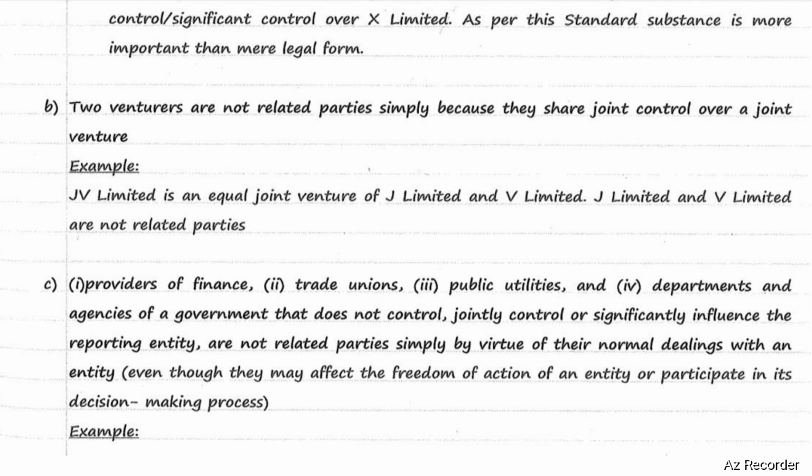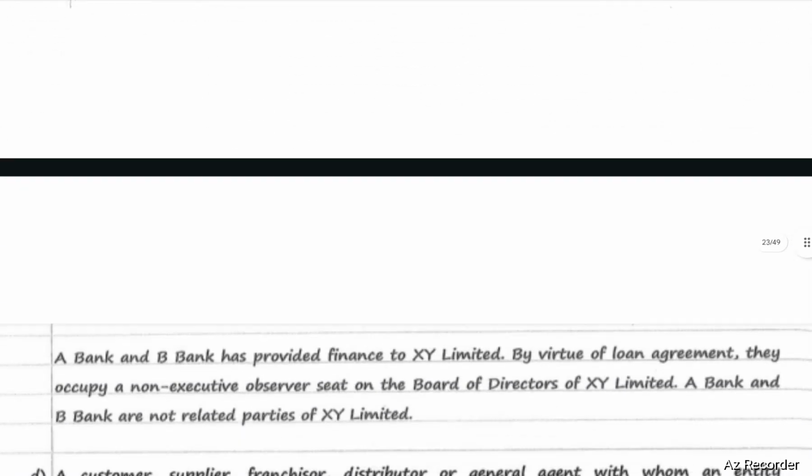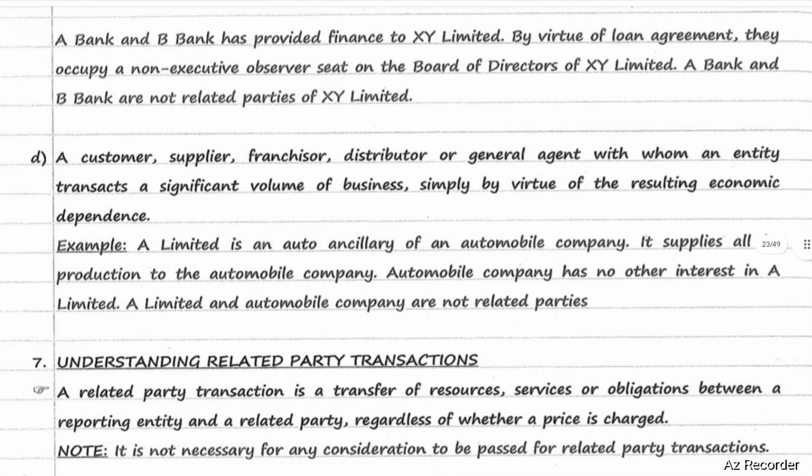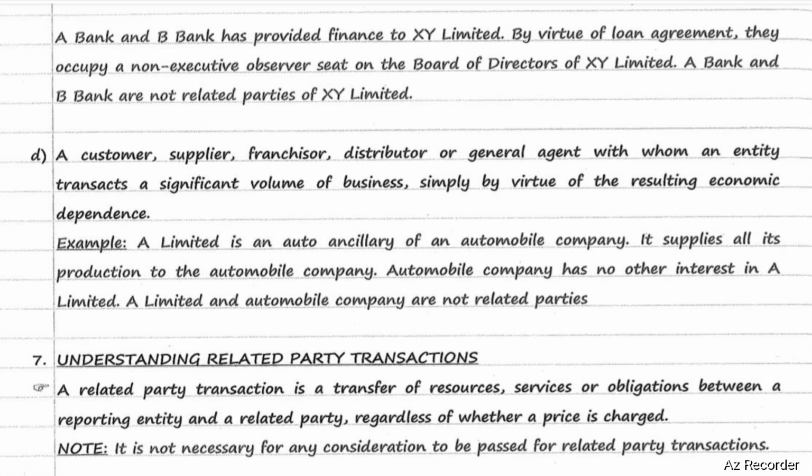Example, Bank A and Bank B have provided finance to XY Limited. By virtue of a loan agreement, they occupy a non-executive observer seat on the board of directors of XY Limited. Here, Bank A and Bank B are not related parties of XY Limited.